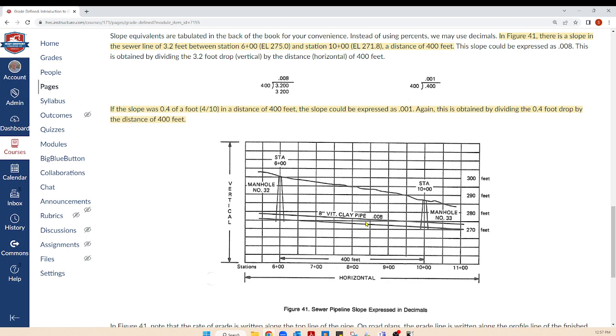Now, if I know that the horizontal distance is 400, and the vertical distance is 3.2, I divide 3.2 by 400, and that would give me this figure right here. If I know this figure, I can take, I don't want to get ahead of myself. That's what we're moving into. I have a tool that you can use in algebra, and I can't write on this thing. I don't have an annotating tool.